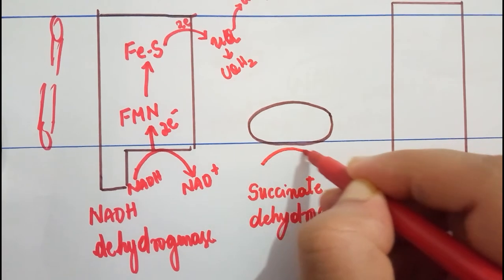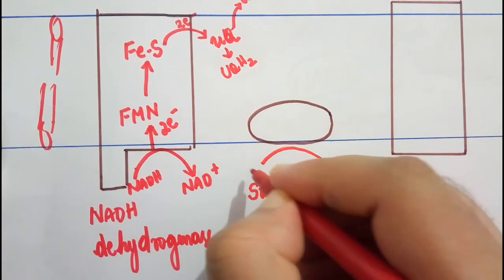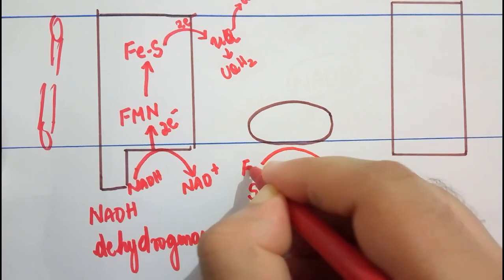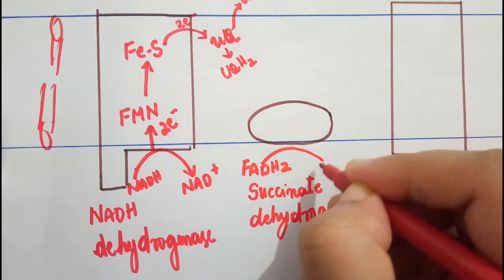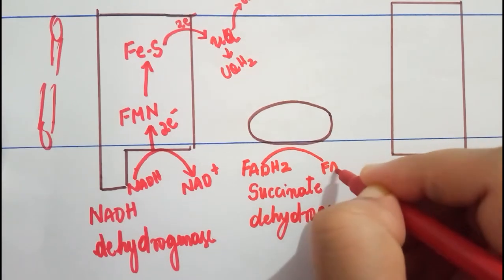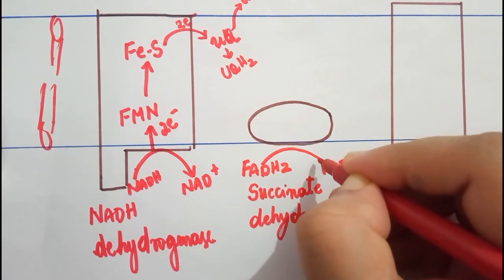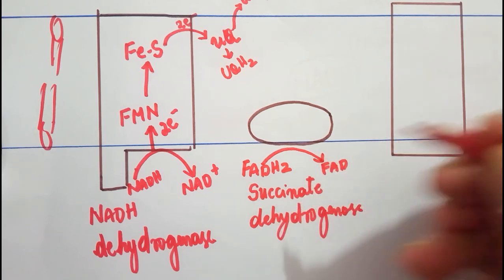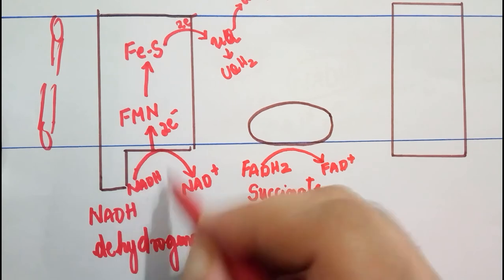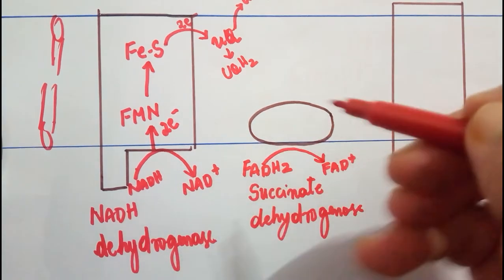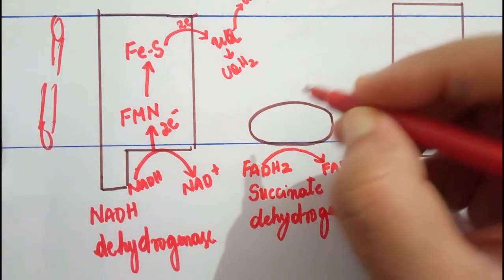Now this succinate dehydrogenase complex is going to oxidize FADH2, or FADH2 is oxidized at complex 2. Remember, FADH2 will never get oxidized at complex 1. Complex 1 oxidizes NADH and FADH2 is oxidized by complex 2.